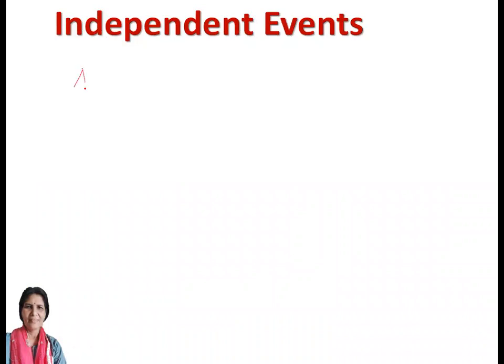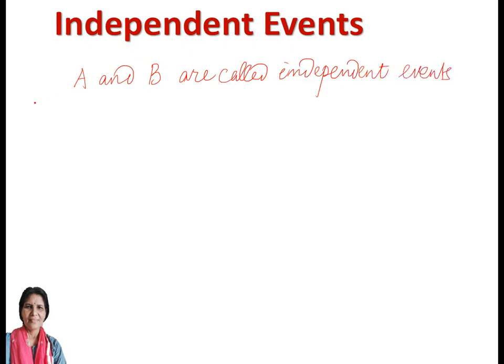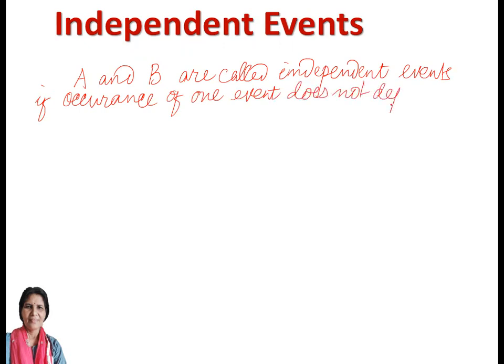So if A and B are called independent events, if the occurrence of one event does not depend on the occurrence of the other.